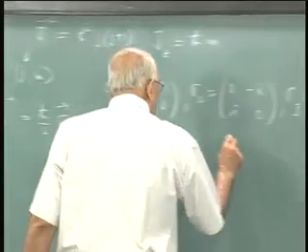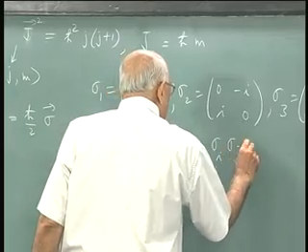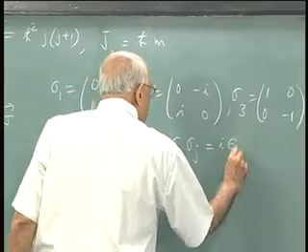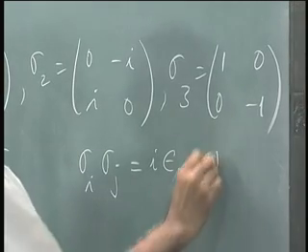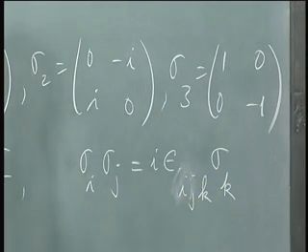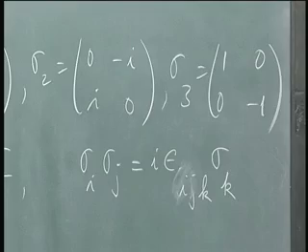In fact, sigma i sigma j equals i epsilon ijk sigma k. So sigma 1 sigma 2 is equal to i times sigma 3 and so on.